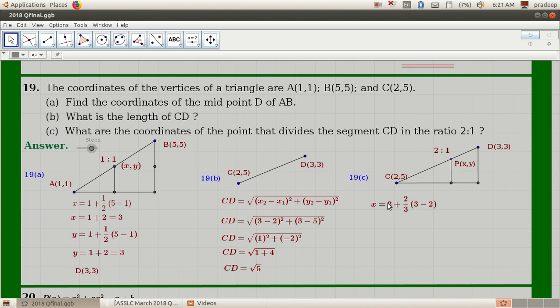Therefore, 2 plus 2 by 3 part of the x difference, that is 3 minus 2, that is equal to 2 plus 2 by 3 into 1, that is equal to 8 by 3.